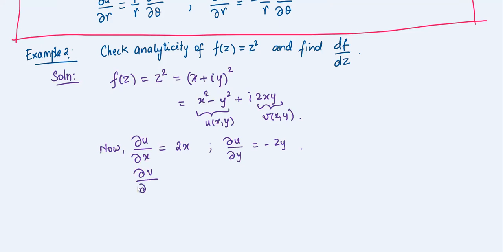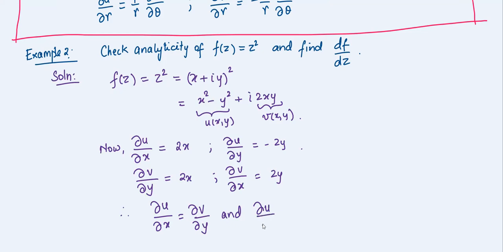Dou v by dou y is equal to 2x and dou v by dou x is equal to 2y. Okay, therefore dou u by dou x is equal to dou v by dou y and dou u by dou y is equal to minus dou v by dou x.